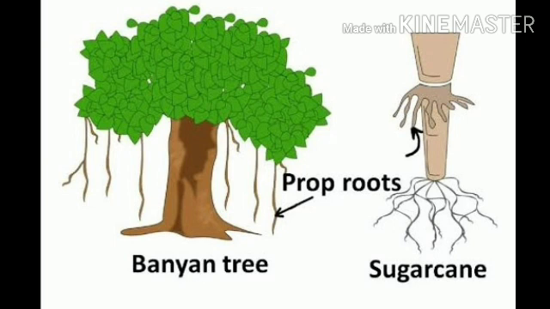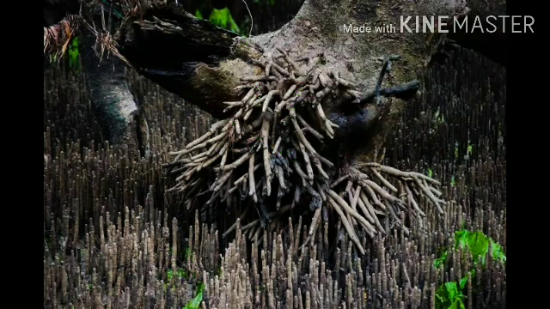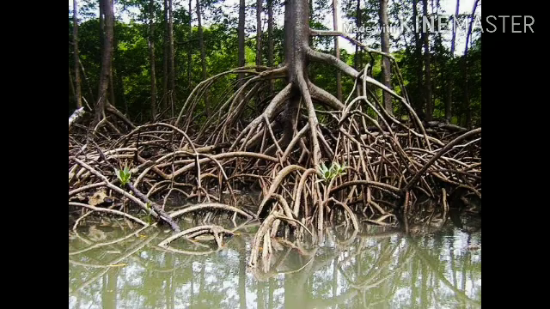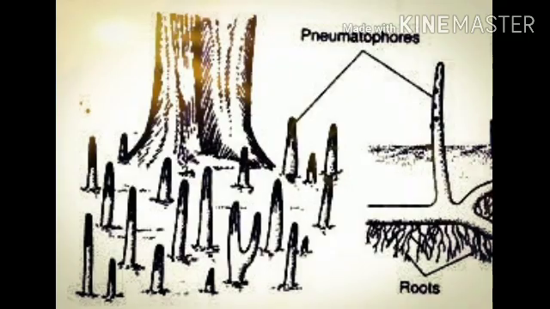These pneumatophore roots are found in the plants that grow in the swampy areas or mangrove regions. Here, the roots grow upward from water surface and they will be having many pores on top of them. These pores help in the absorption of oxygen from the environment.